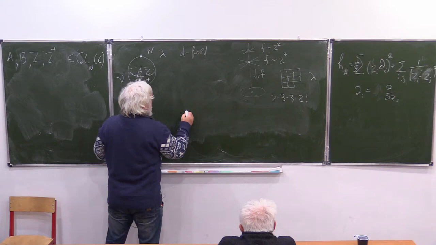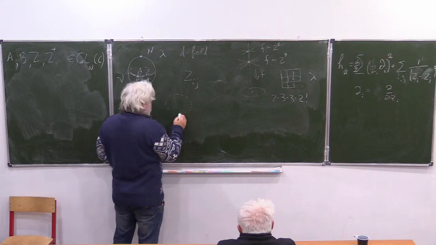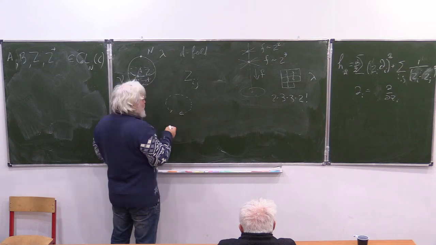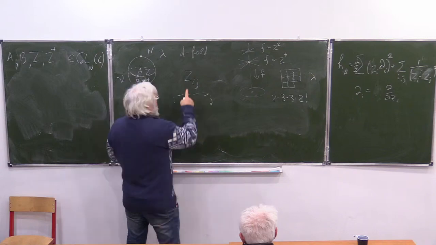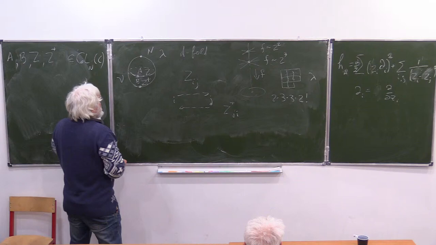To the entry Z_ij we relate an arrow, let us draw it as a dotted arrow, and solid arrows to these matrices A and B.